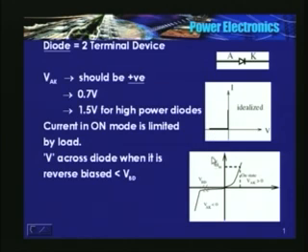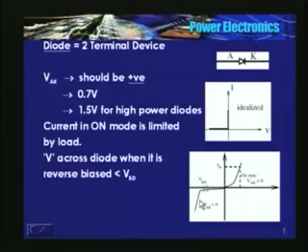And these are the characteristics of a non-ideal diode. Maybe a cut-in voltage somewhere at this point, and this is the current that is limited by the load. This is forward biased, and this is during reverse bias mode, where VAK is negative.